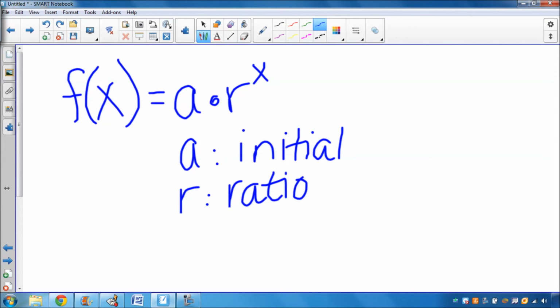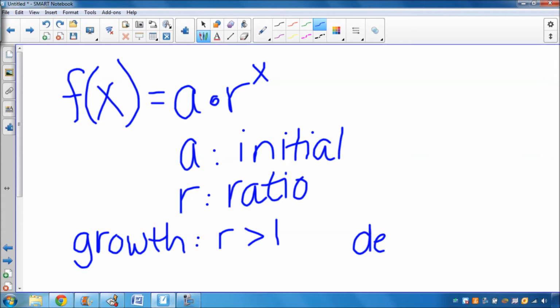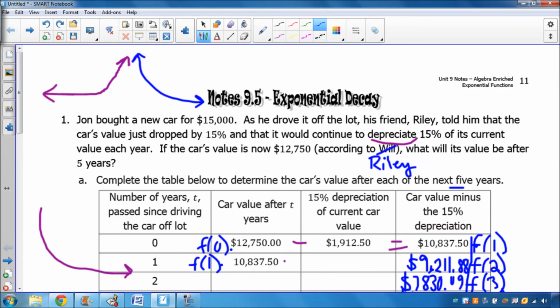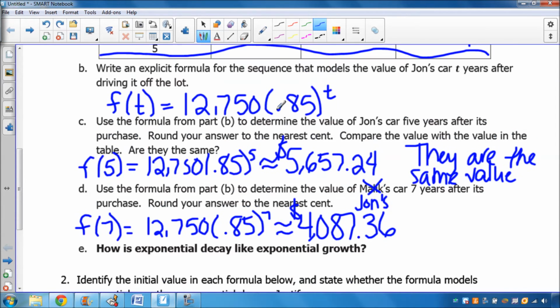But when it's growth, r has to be bigger than 1. When it's decay, r has to be less than 1. So if you notice in this example right here, our r value is 0.85, so it's getting smaller and smaller and smaller.